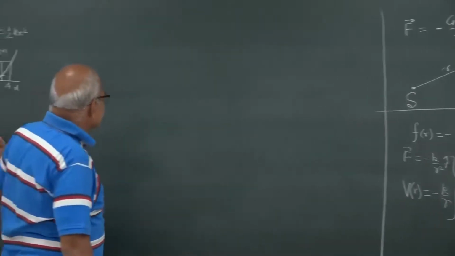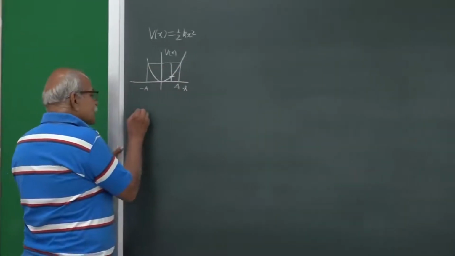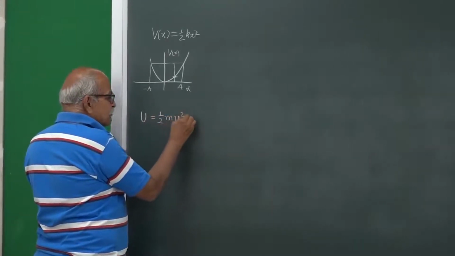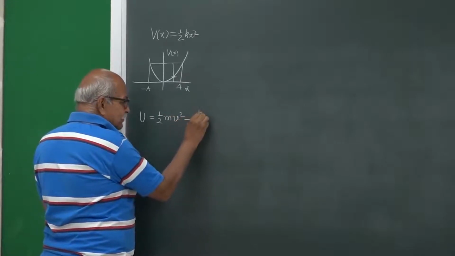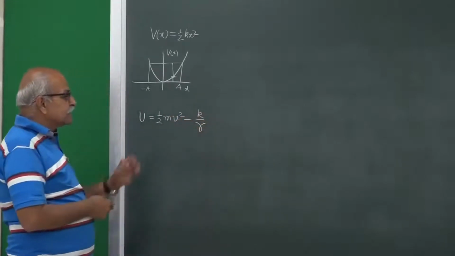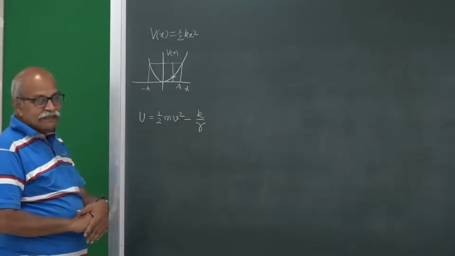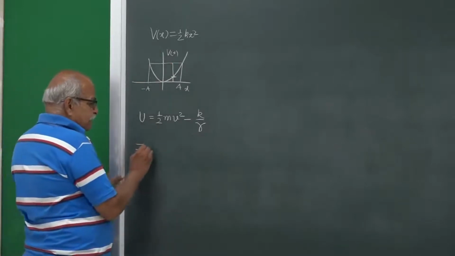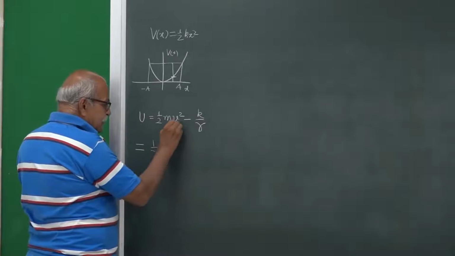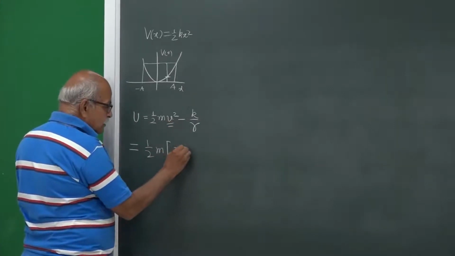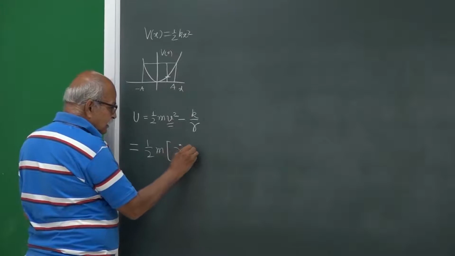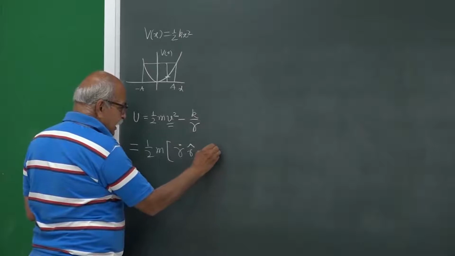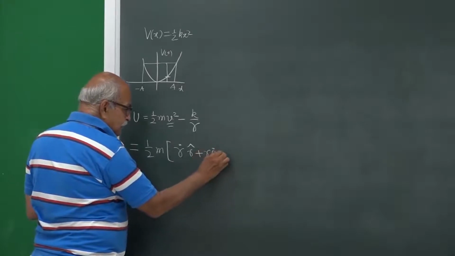Let us see what. First, we write this total energy U, which is half m v square plus the potential energy, which is minus k by r. Kinetic energy plus potential energy is the total mechanical energy. This is what I want to use in this diagram, and this v I write as r dot r cap plus r theta dot theta cap.